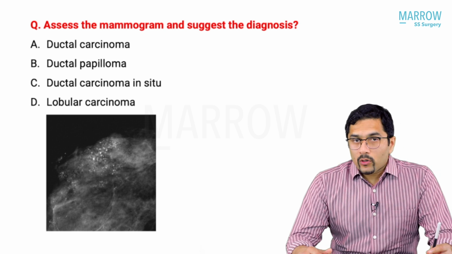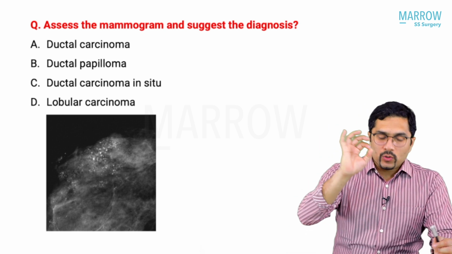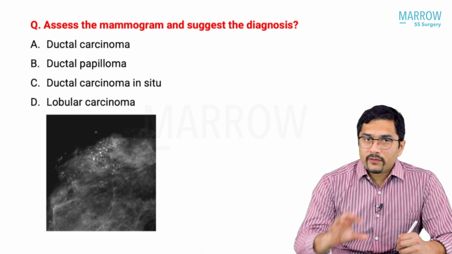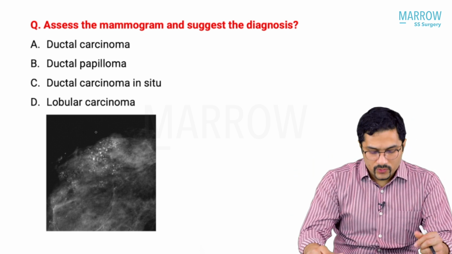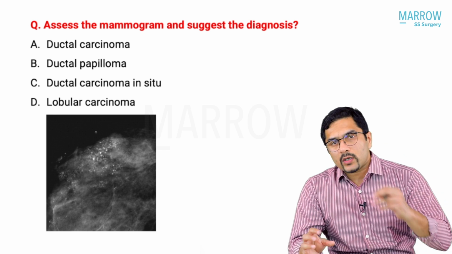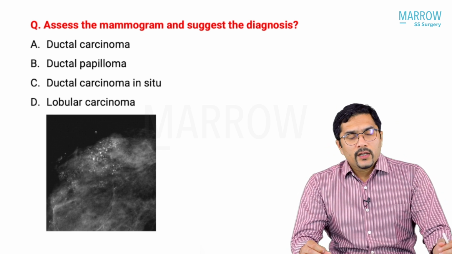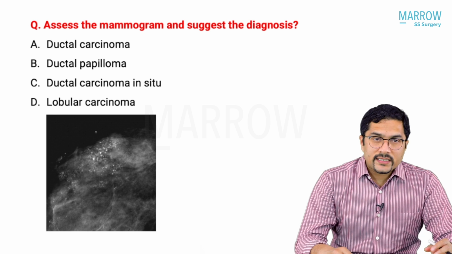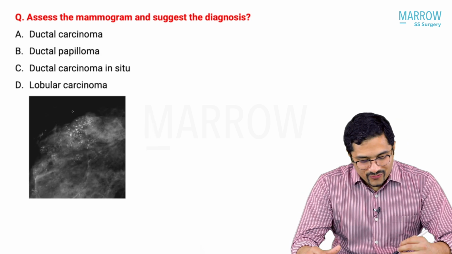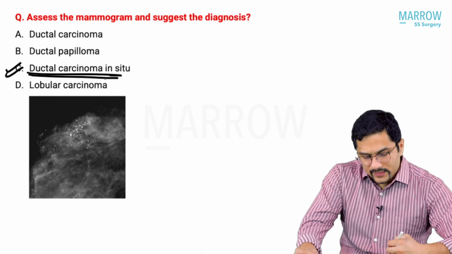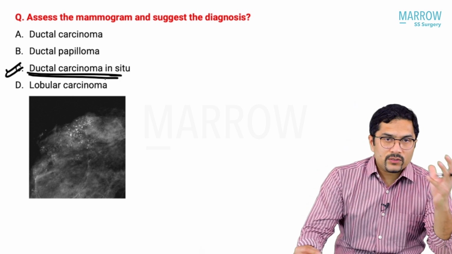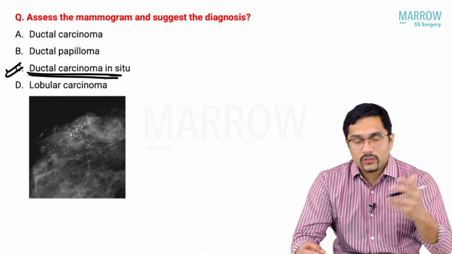They had shown a mammogram, and in the mammogram they had shown microcalcification, diffuse microcalcification, clustered microcalcification was shown, and they had asked what is the most likely diagnosis. So, you know, this clustered microcalcification is a sign of DCIS, commonly seen in DCIS. So, if you have this clustered microcalcification, that is the first thing which you should think about.